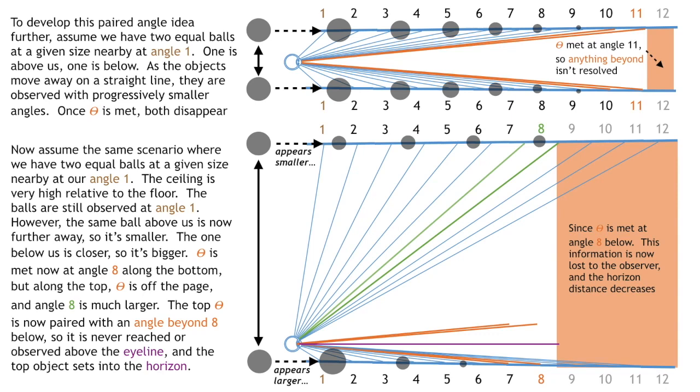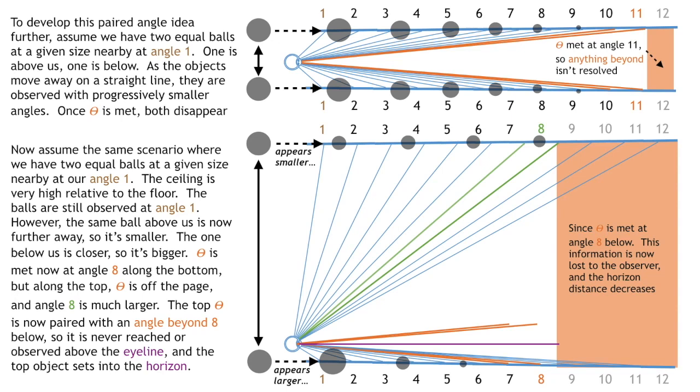So the top theta is now paired with an angle beyond angle 8 below it, and angle 8 is what set our lower horizon distance already, and so it's never reached along the top. And essentially what you'll observe is that that top figure or object or ball in this case will now set into the lower horizon line.